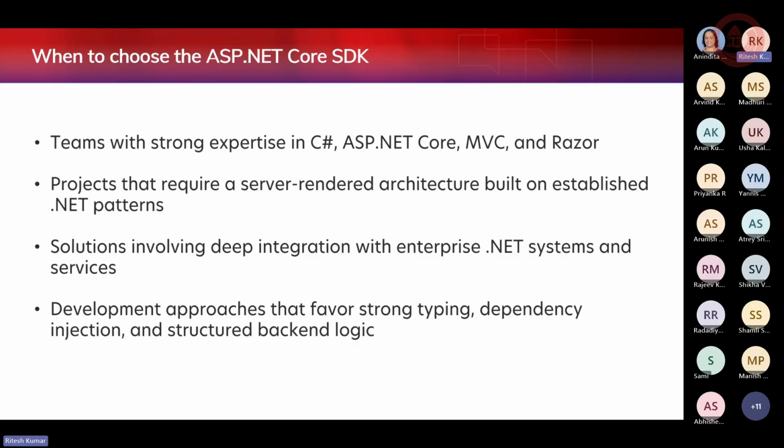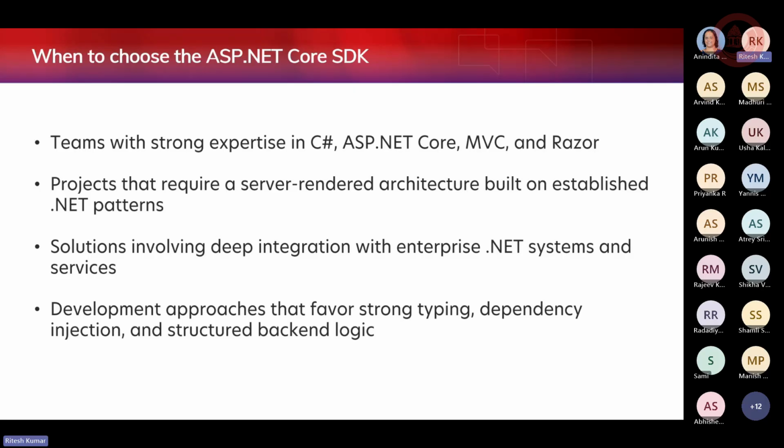They are heavily business domain driven, with a lot of integrations and a lot of services to integrate. These are some of the trigger points you can use to decide, for example when you have strong .NET, MVC, or Razor expertise in house.